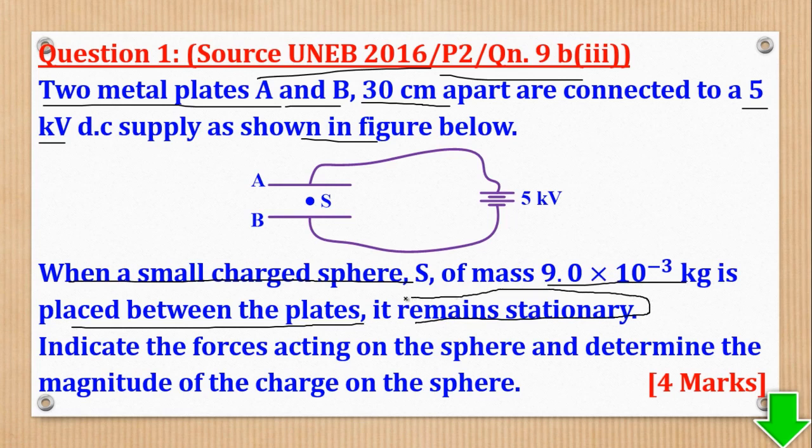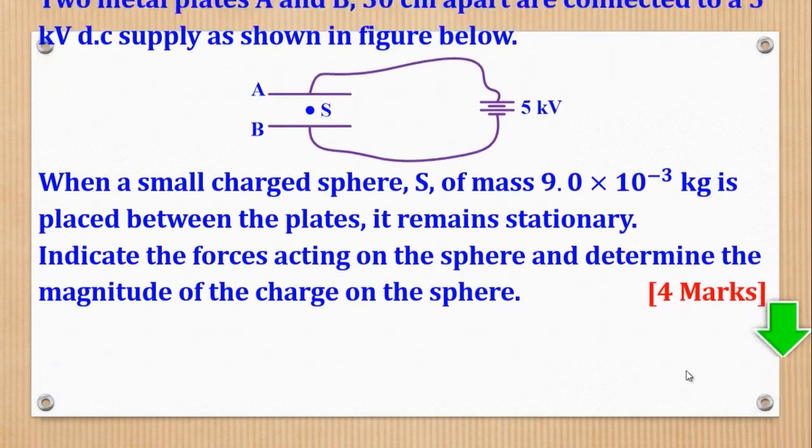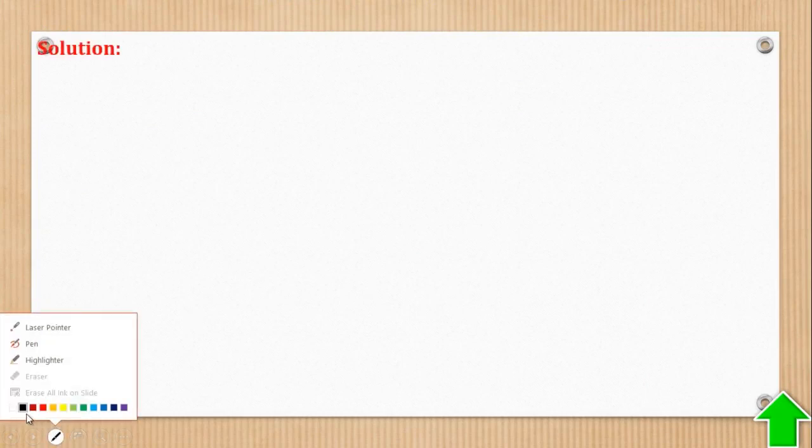Note this word, remains stationary. Indicate the forces acting on the sphere and determine the magnitude of the charge on the sphere. So here it means we have to draw a diagram of the sphere and show the forces acting on it.